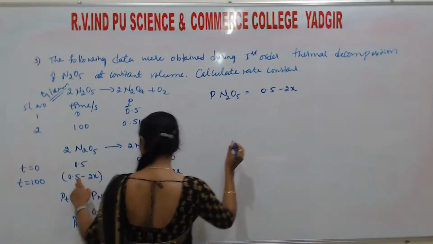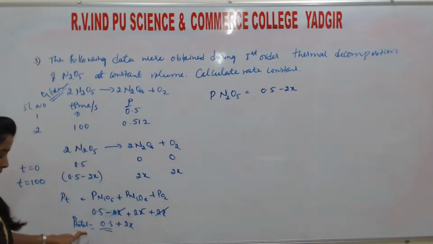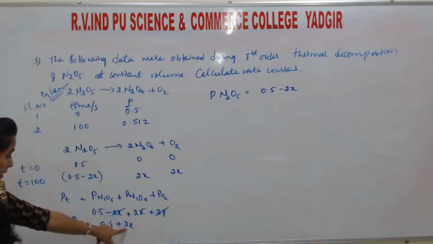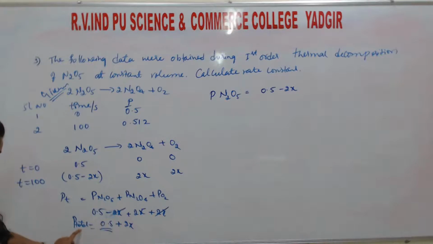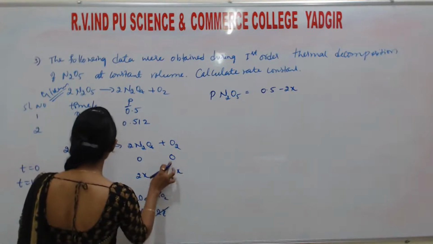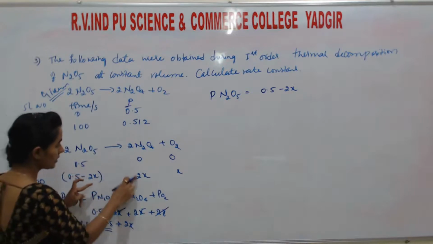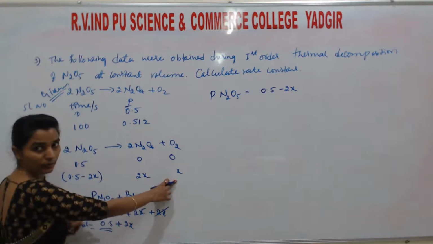So from here we can easily calculate x. Sorry, this one is x moles because this is 2 moles 2x, this is 2 moles 2x, this is x mole.